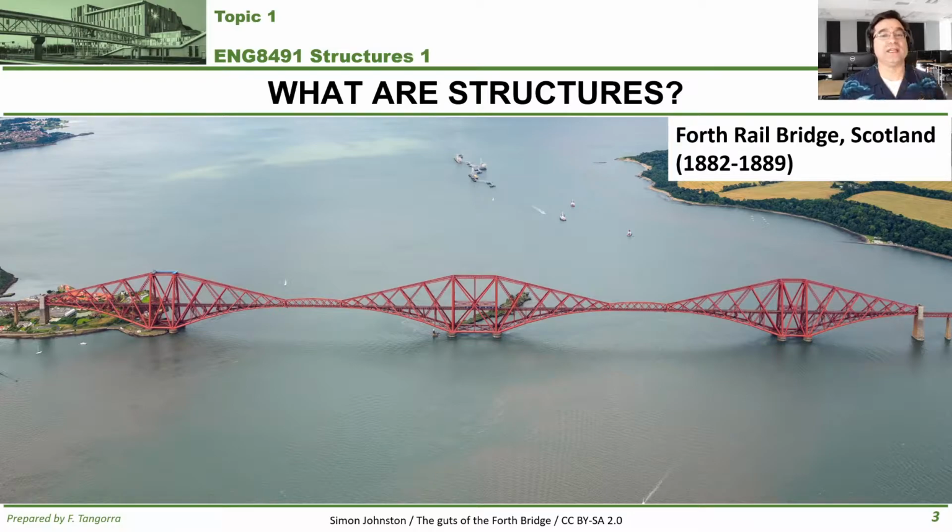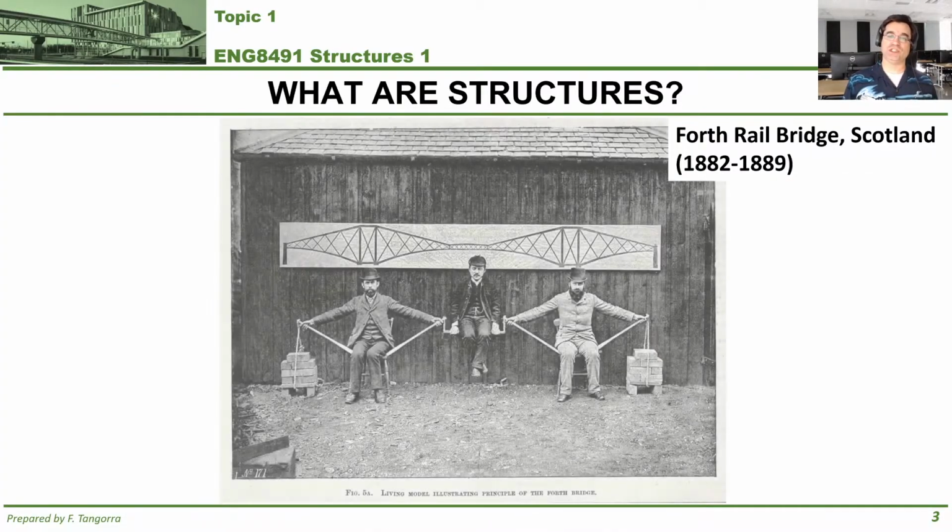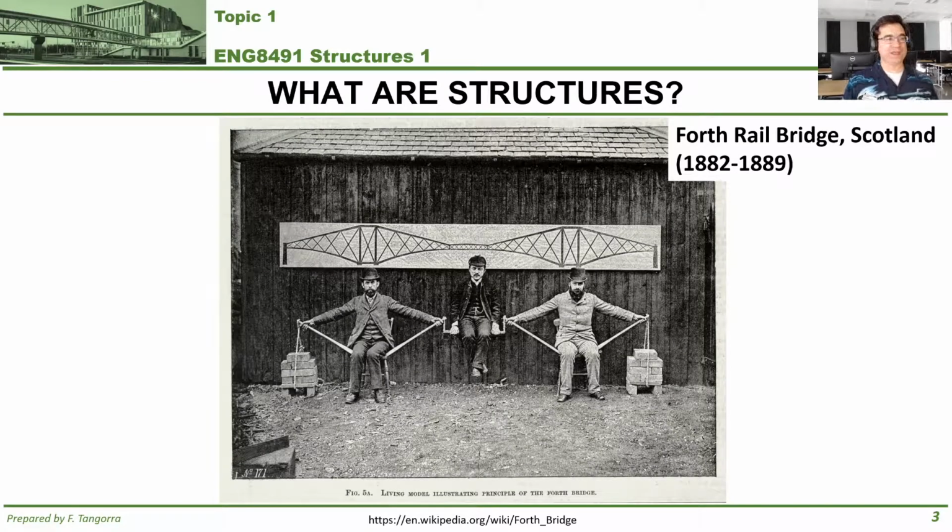It was built in the late 1800s, and it's a relatively complex structure. However, how the structure behaves can be relatively simple to understand. In fact, the original engineers of this bridge published this photo as a postcard to illustrate how their bridge structure behaves. Okay? So that's what I'm getting at.